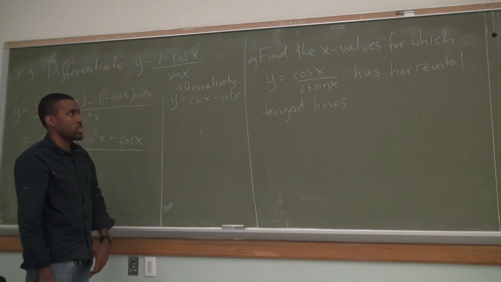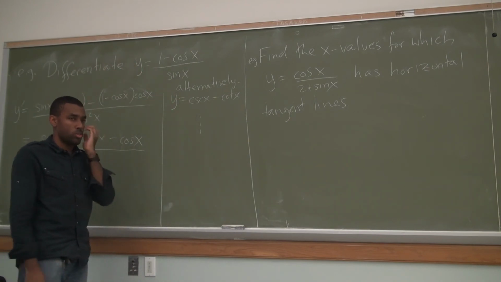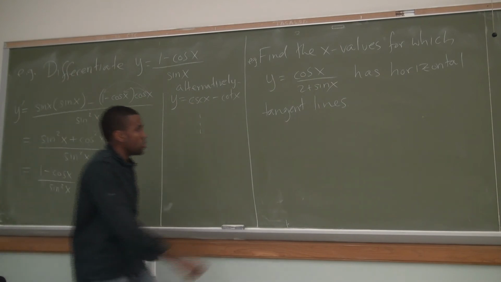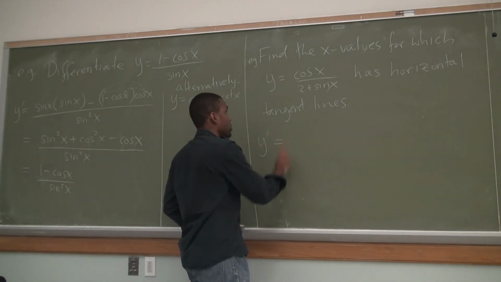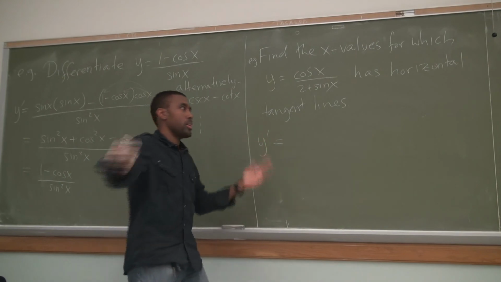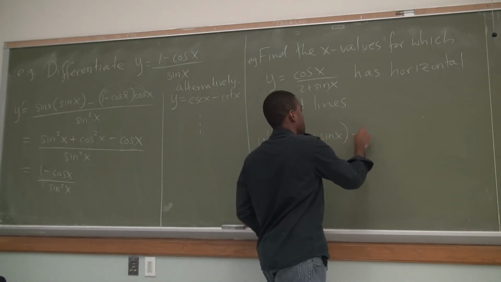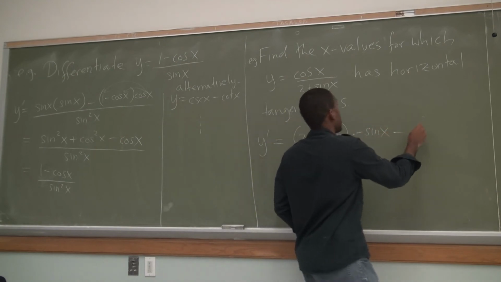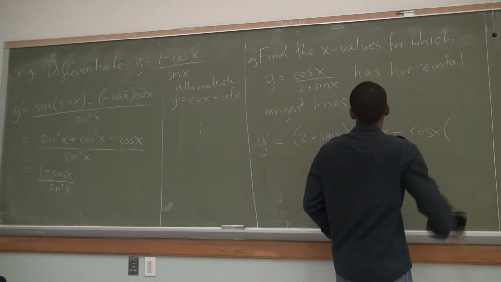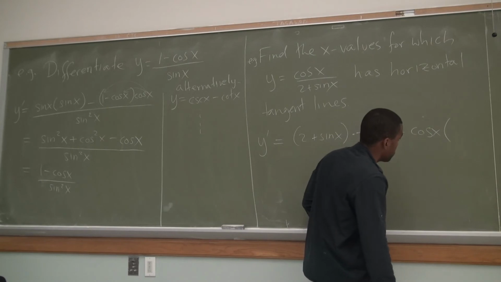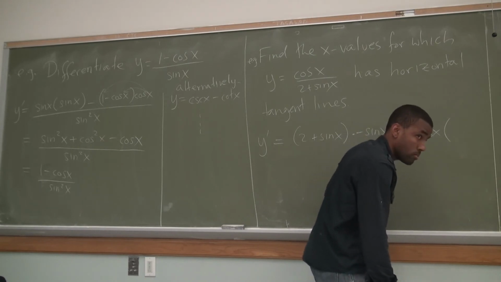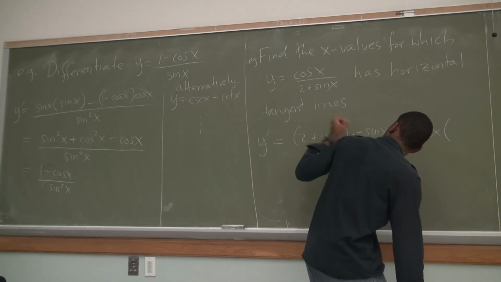Okay, so here you're not going to get out of the quotient rule. So y prime is equal to bottom times the derivative of the top minus the top times the derivative of the bottom. What's the derivative of the bottom?